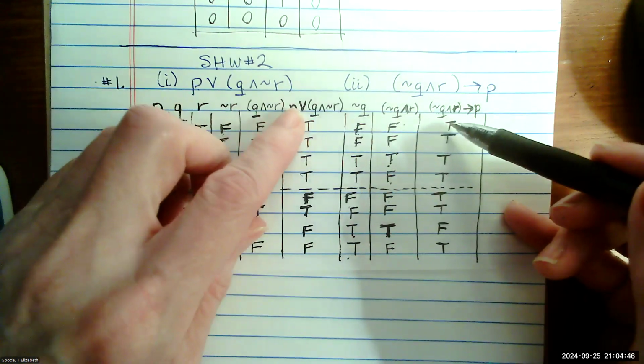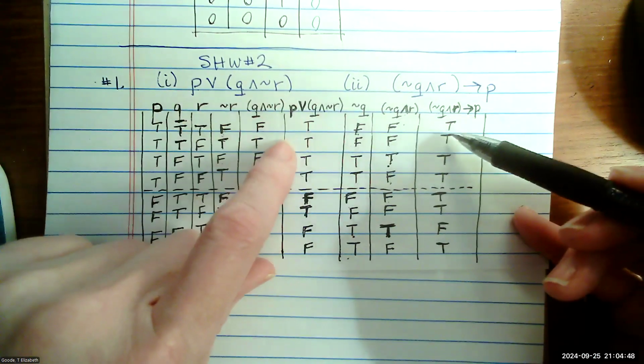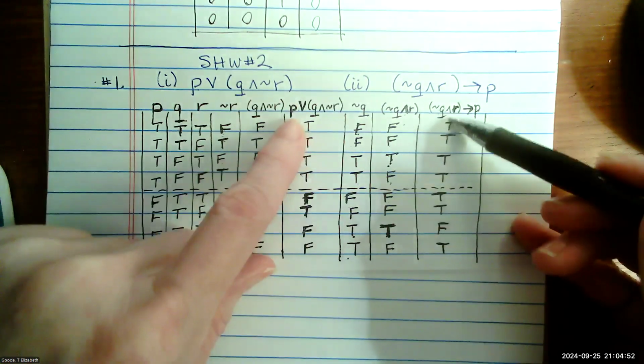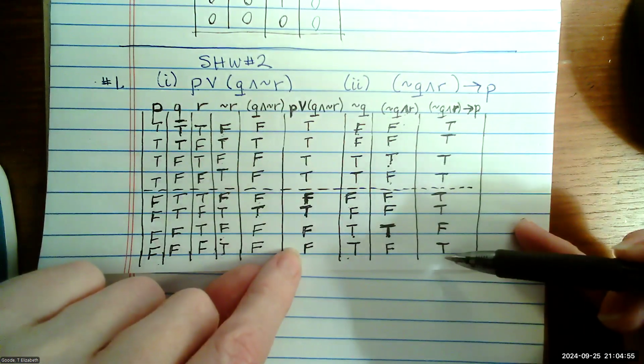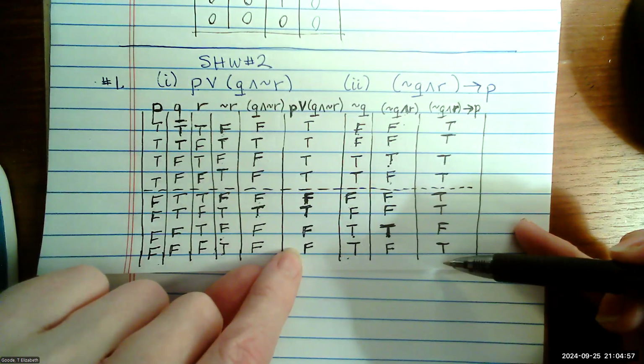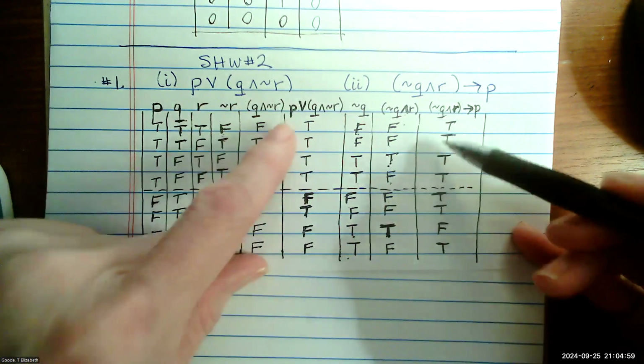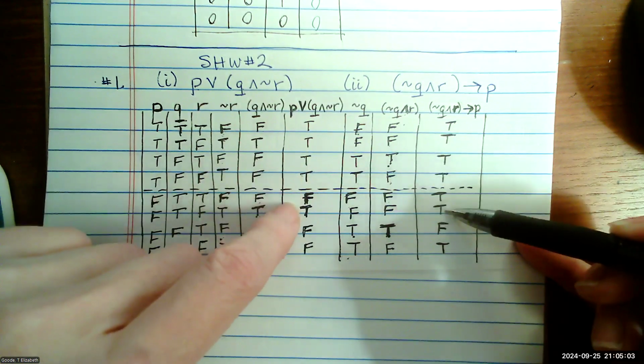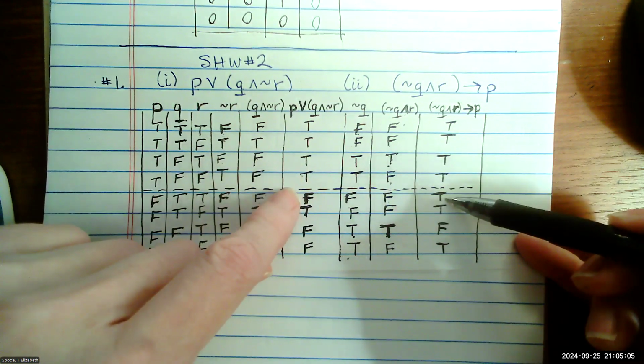Okay, so now we're ready to answer the question. We compare their columns. Are their columns identical? Do they match in every single row? They don't match on row 5, right?